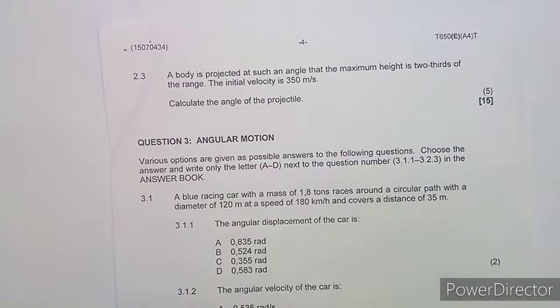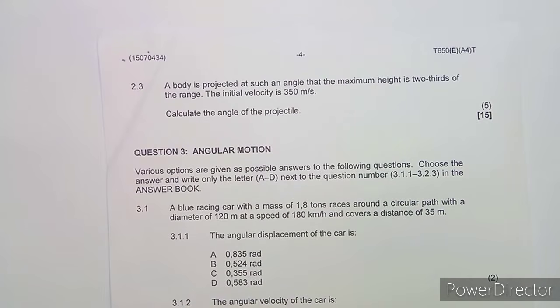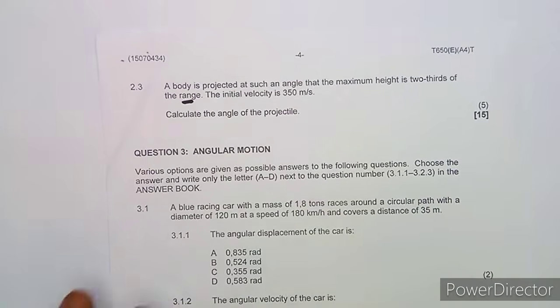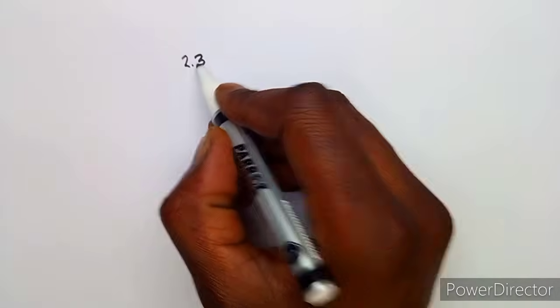All right, anyways, let's see another part, which is on projectiles now, where a certain body is projected at such an angle that the maximum height is 2/3 of the range. This is the range. What does the range represent? The range is your horizontal distance. The initial velocity is 350 meters per second. Calculate the angle of the projectile.